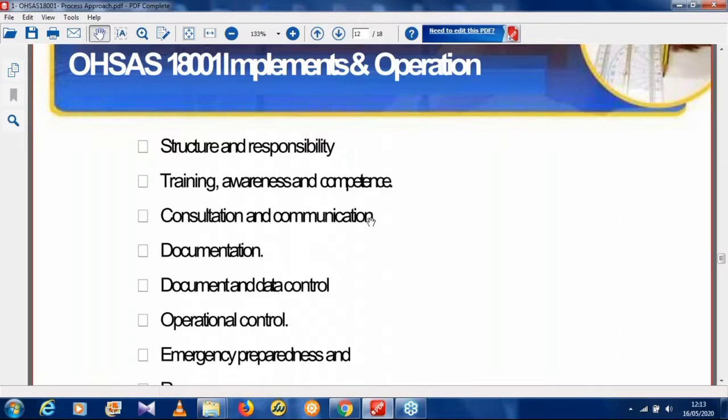Part of the Safety Act of 1974 also requires that employers ensure that their staff are trained, and they make use of competent assessment in their operations.